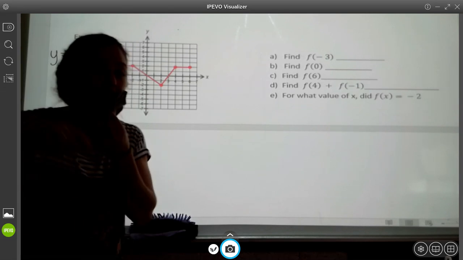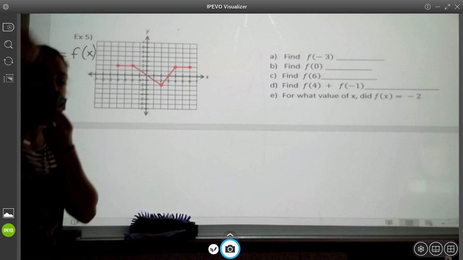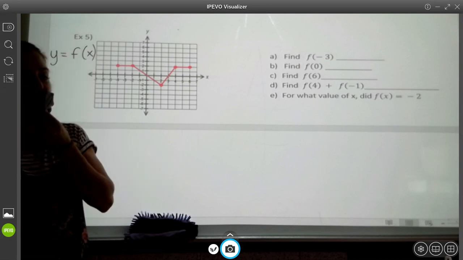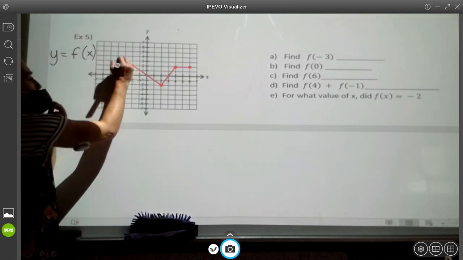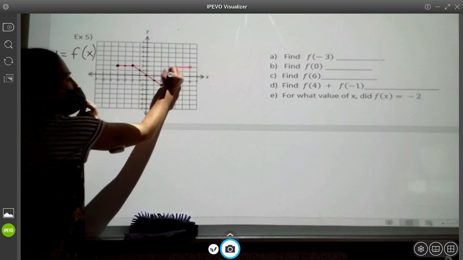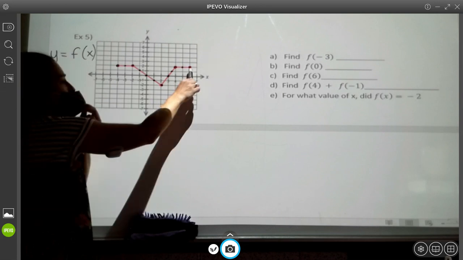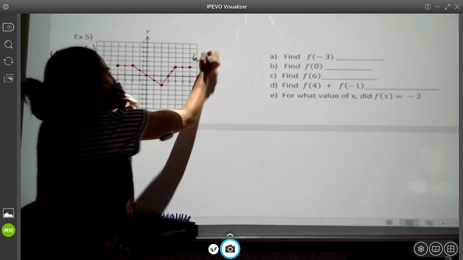So guys, I told you, a function tells a story, right? F of 3 equals 5 means that 3 goes in and it spits a 5 out. Every single ordered pair that lives on the graph of a function is telling you a story. This is the ordered pair 6, 2.